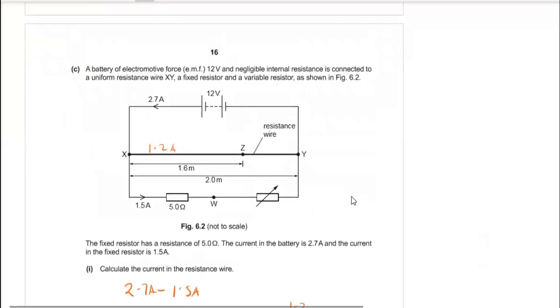So for us to do that, let's draw this so that you can see the potential difference between X, W and Z.